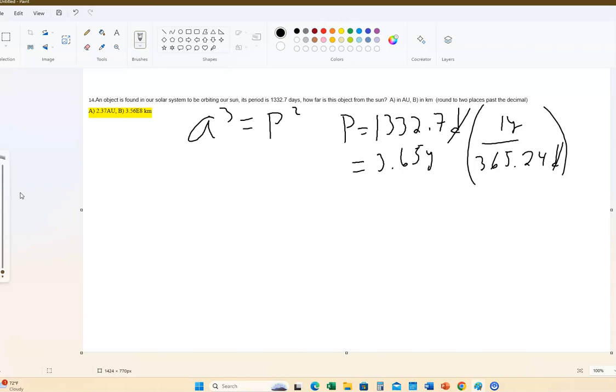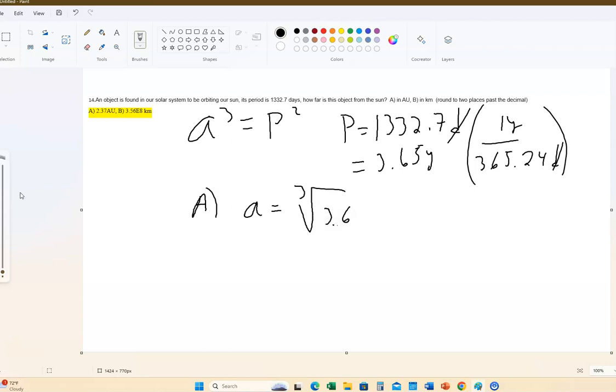So it says, how far is this object from the sun? Part A is just figuring it out using Kepler's third law. So the variable A is going to equal the cube root of 3.65.